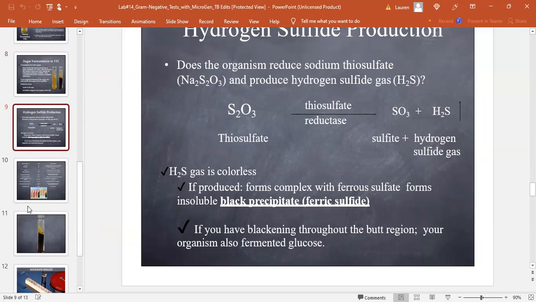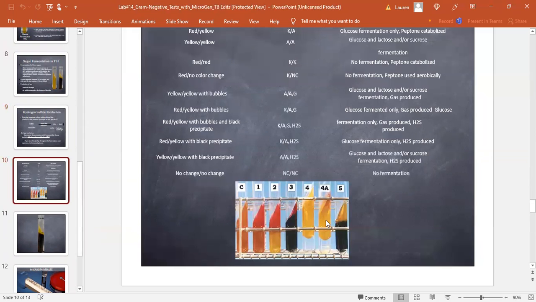Because she might ask you, if you see something like number 3, describe what is happening at a molecular level. And you would have to say, the glucose, remember, because that yellow's under the black butt, the glucose is being fermented by bacteria. We see a kind of reddish pink, more alkaline slant, which means that the peptones are being catabolized.